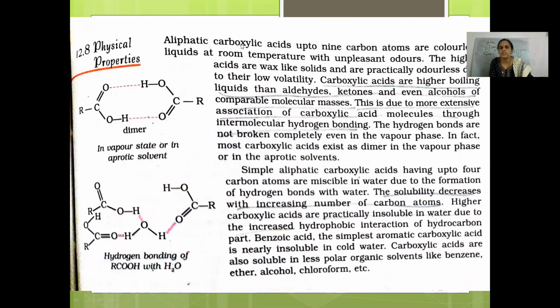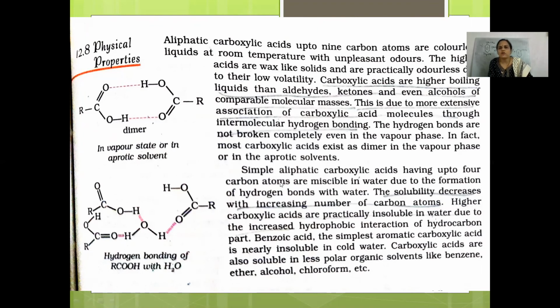But now, since we are studying carboxylic acid in detail, we will say that carboxylic acids are higher boiling liquids than aldehydes, ketones, and even alcohols of comparable molecular masses. This is due to more extensive association of carboxylic acid molecules through extensive hydrogen bonding.